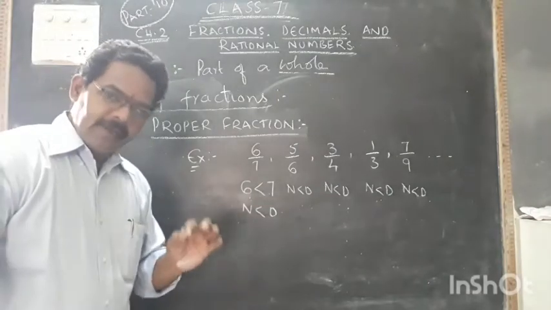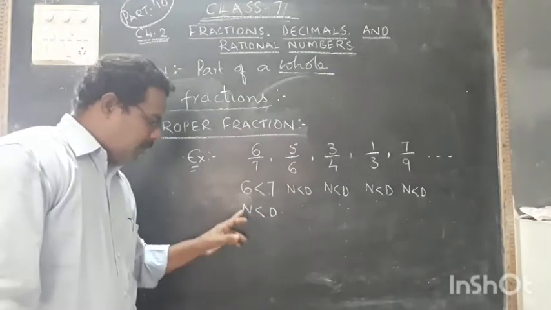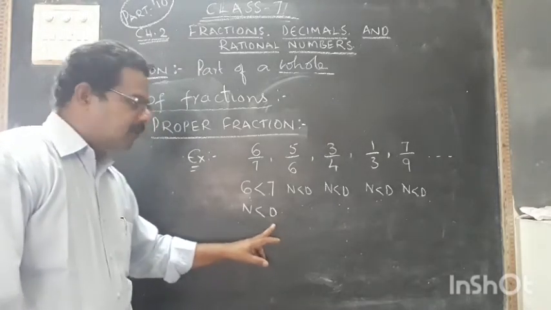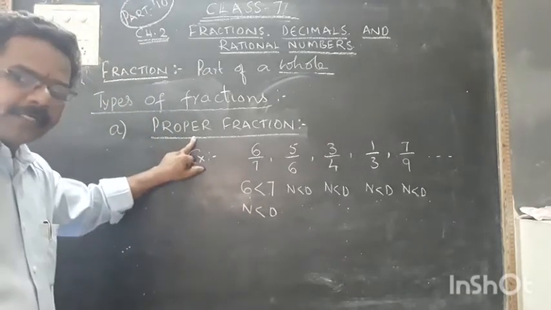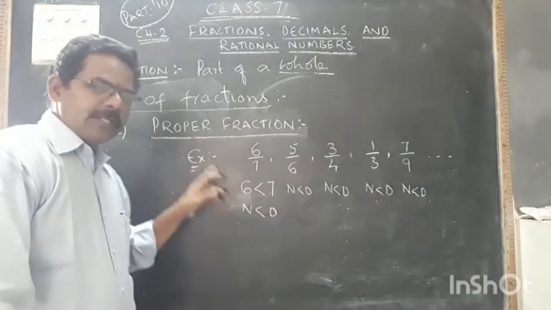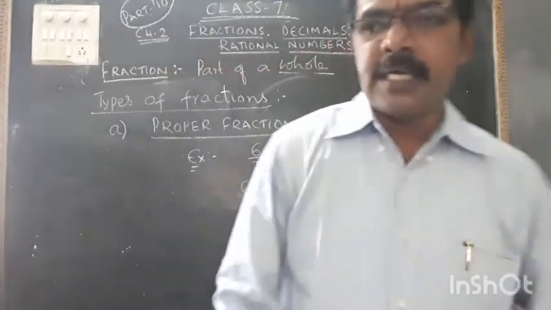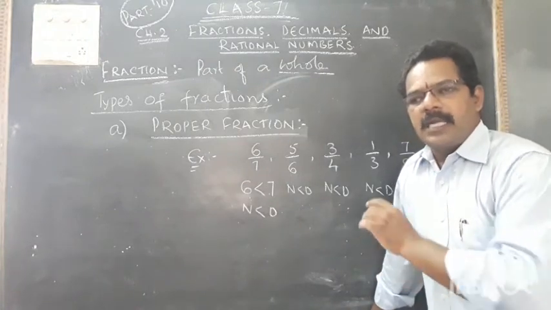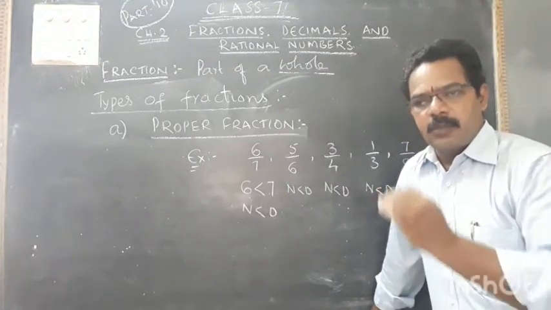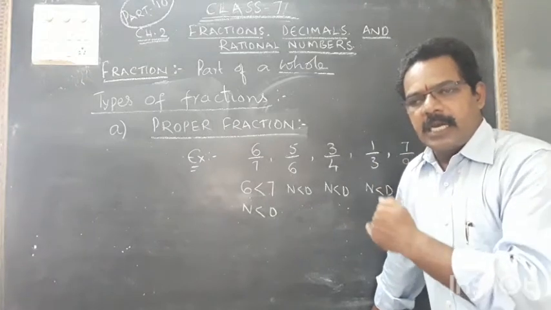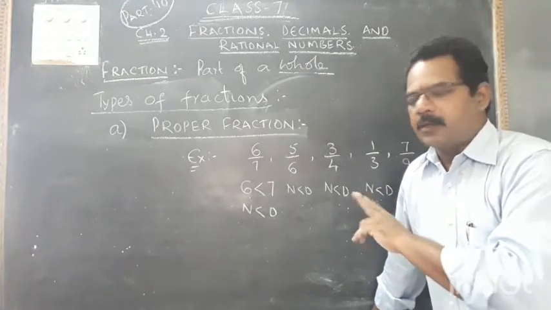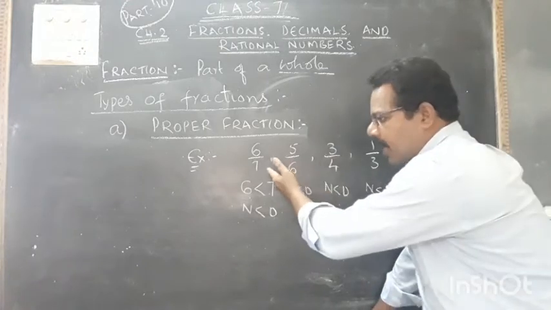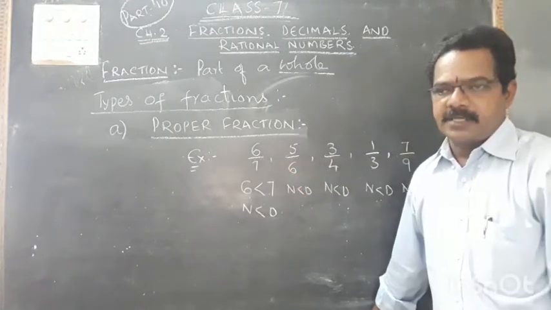So if in a fraction the numerator is less than the denominator, then we call it a proper fraction. Understand? From this we can say, in all proper fractions, numerators are less than denominators. Numerators are smaller numbers and denominators are larger. So fractions like these we call proper fractions.